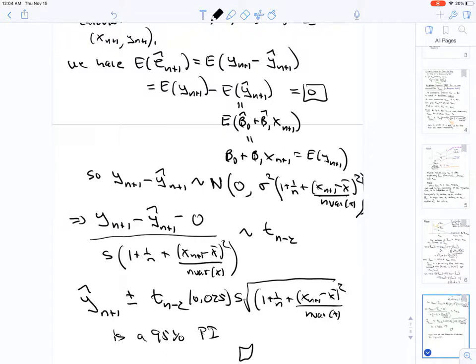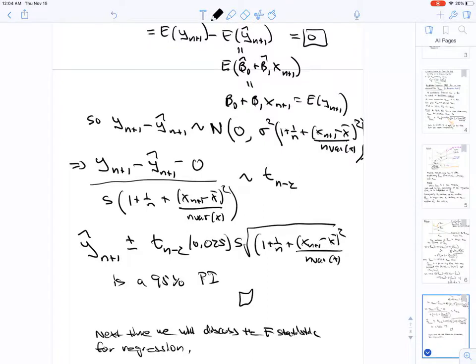So we get a t distribution with n minus 2 degrees of freedom, and hence we get the formula for the prediction interval as shown here. Again, it's n minus 2 degrees of freedom because our y hat is only using our old data.